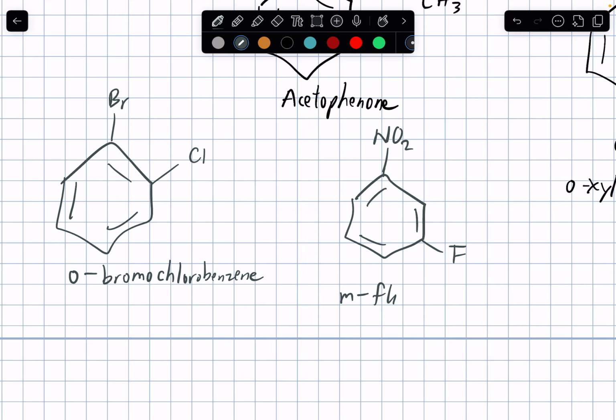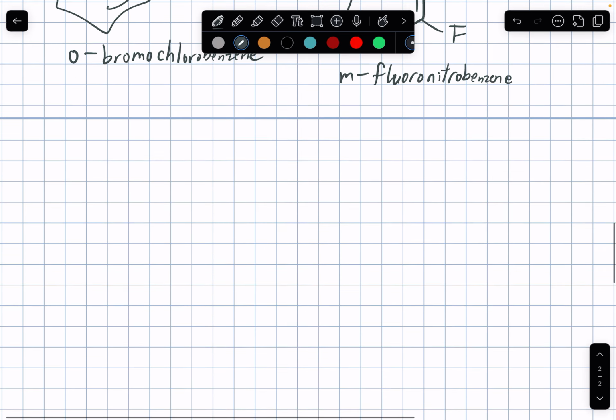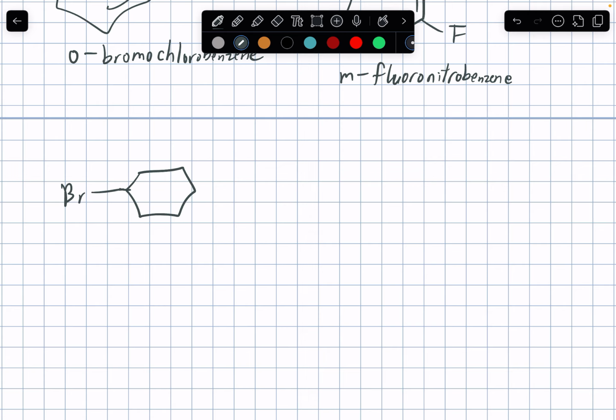So m-fluoronitrobenzene. Okay. How about this one? Applying what I instructed earlier. So if you memorize the common aromatic compounds, then you shouldn't have a problem here.